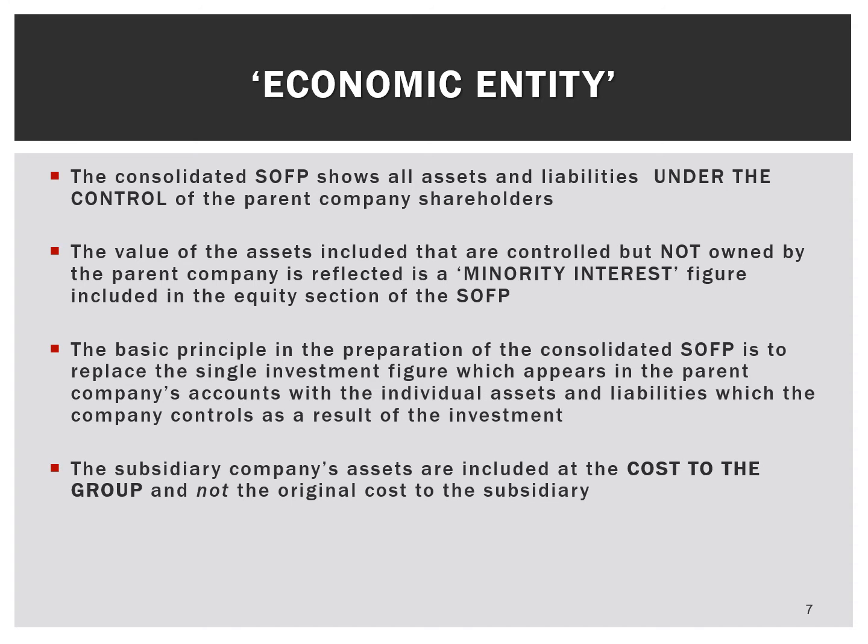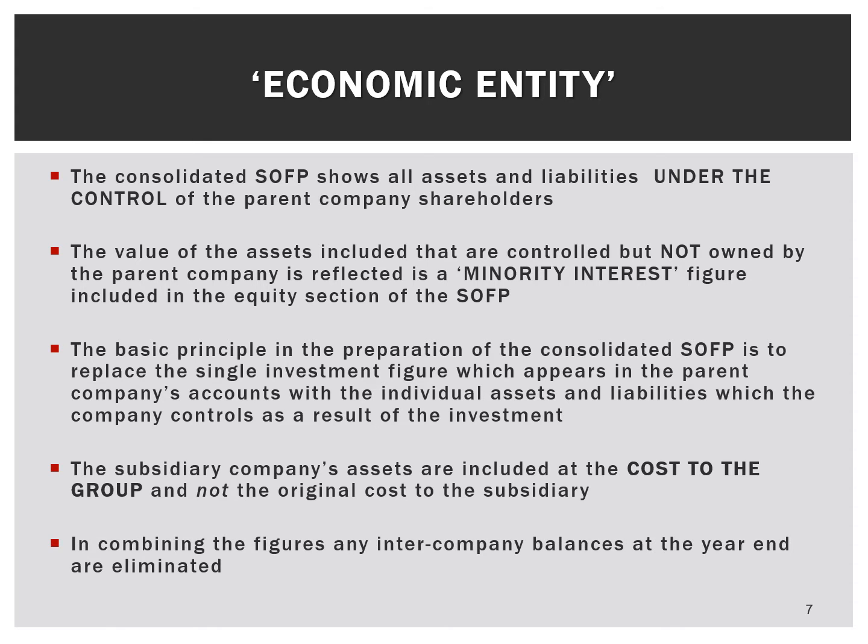And an important thing, as we will see in a few moments, those assets and liabilities are included at the cost to the group and not at the original cost to the subsidiary. That's an important point to remember, that the values that we include in the balance sheet are the historic cost to the group, not the historic cost to the subsidiary company.